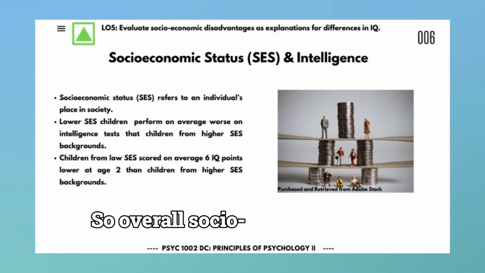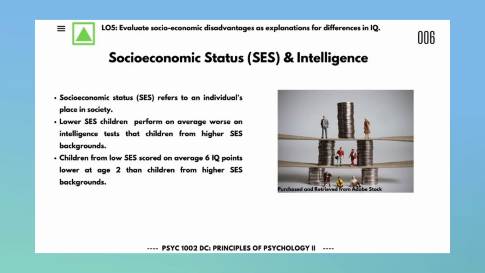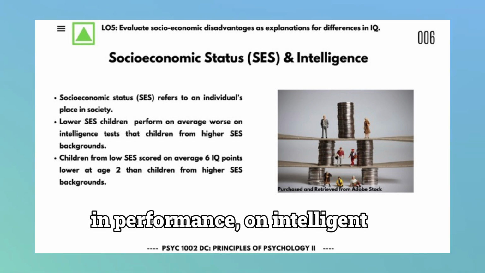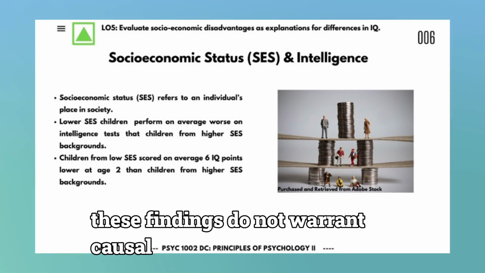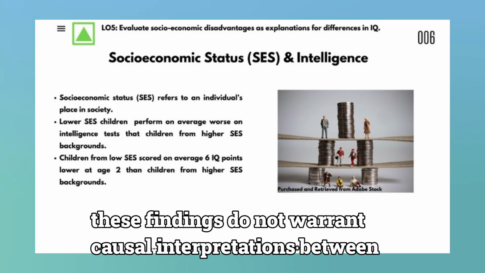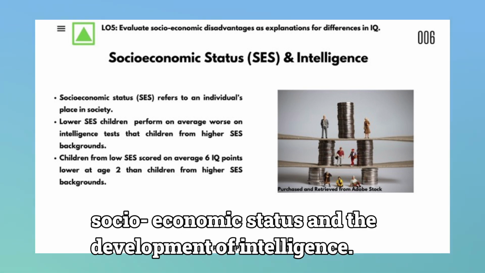Overall, socioeconomic status has been shown to be associated with differences in performance on intelligence scores. However, these findings do not warrant causal interpretations between socioeconomic status and the development of intelligence.